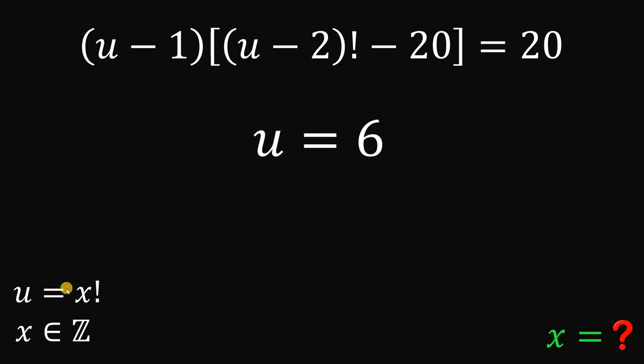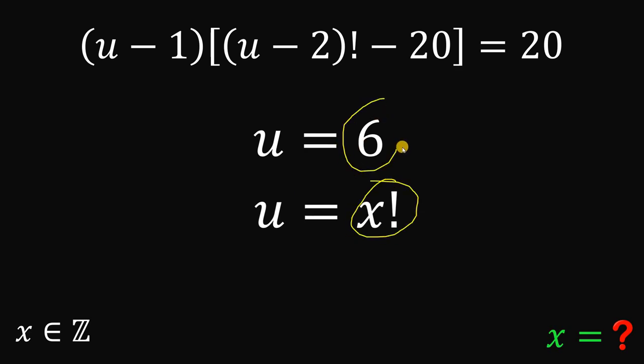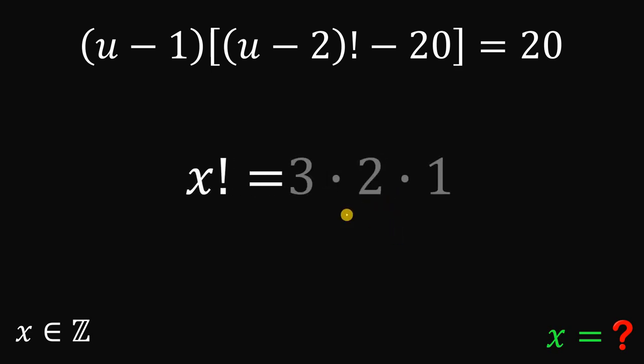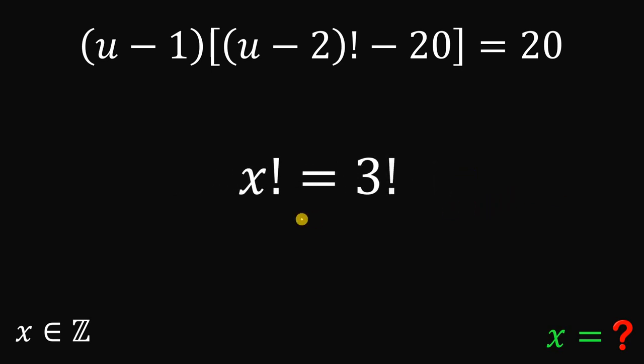And take note that u must be equal to x factorial. So we can say that x factorial must be equal to 6. And 6 is equal to 3 times 2 times 1. And 3 times 2 times 1, this can be written as 3 factorial. So we can say that x must be equal to 3.